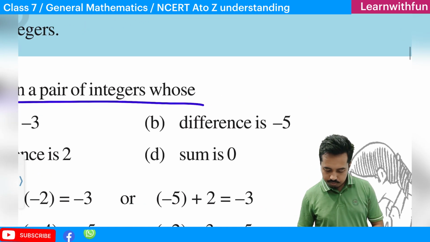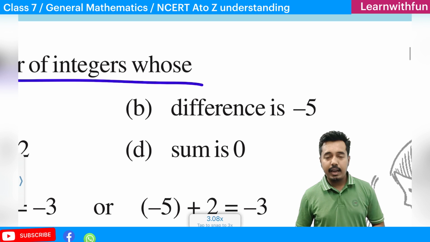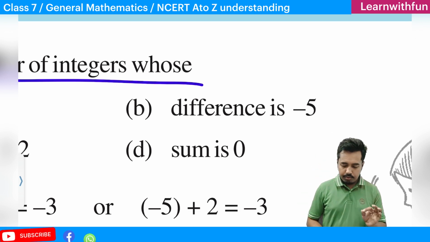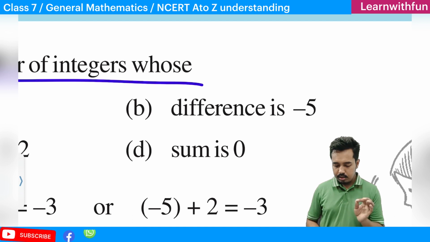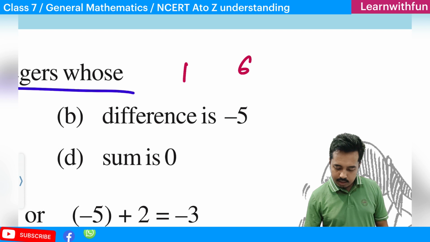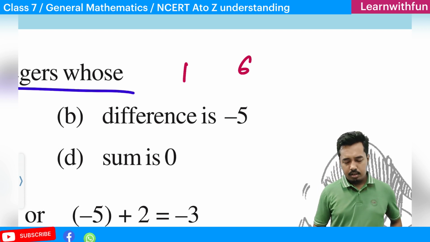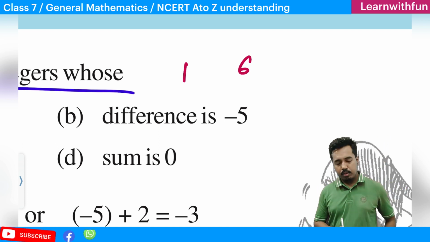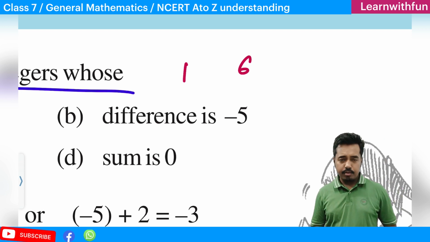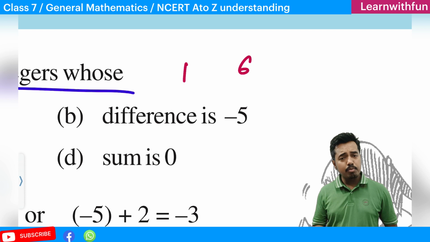Now the difference is minus 5, so there should be two numbers and the difference of the numbers should be minus 5. So you can take 1 and 6, right? You'll have to take two numbers, the difference of those numbers will have to be 5.